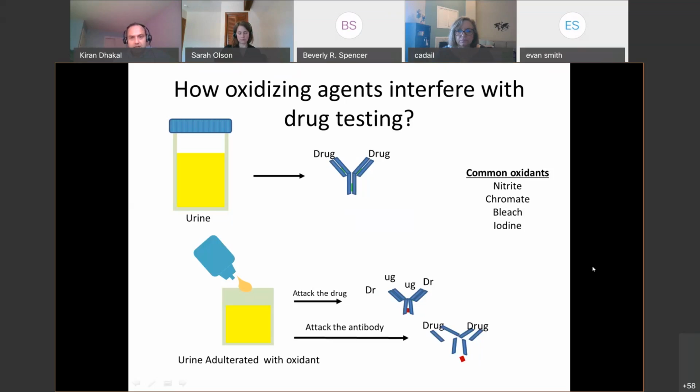So these oxidizing agents chemically interfere with the drug-antibody interaction, or they may attack the antibody itself and destroy the integrity of the antibody. So in either case, the drug testing will be interfered with, and there will be no result.